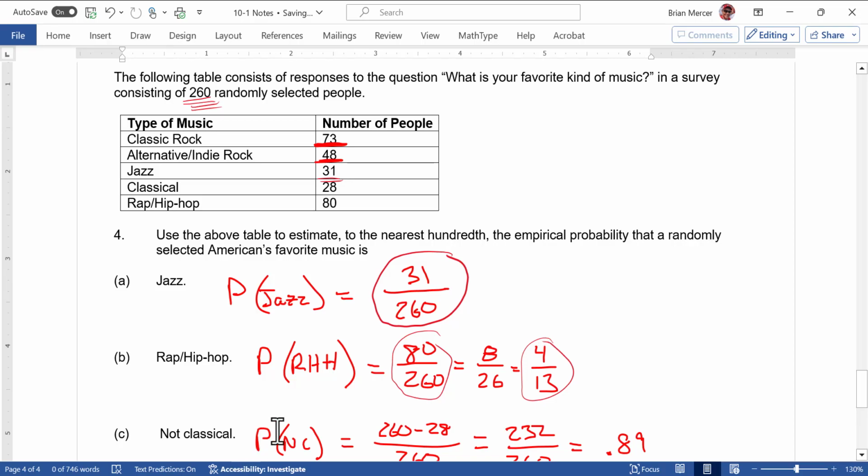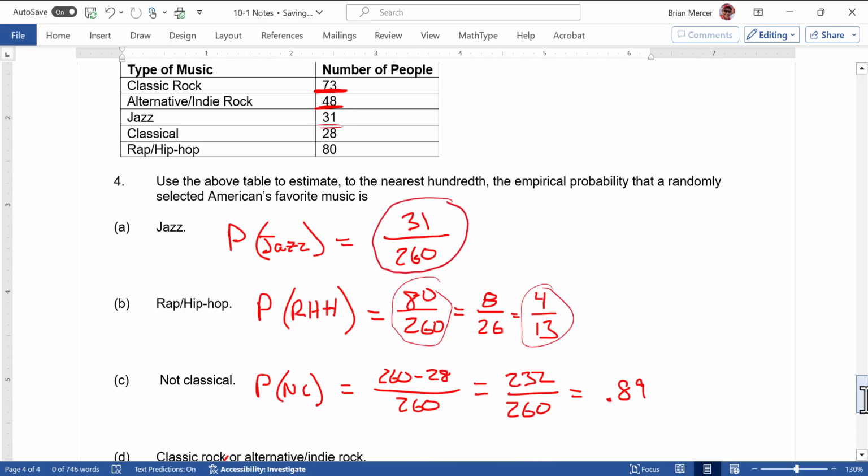That it is not classical. So here's that complement idea. If you want the probability that it's not classical, if it was classical, you'd say it's 28 out of 260. So now it's essentially the complement of that. So it's 260 minus 28, so now it's 232 out of 260, which is 0.89.